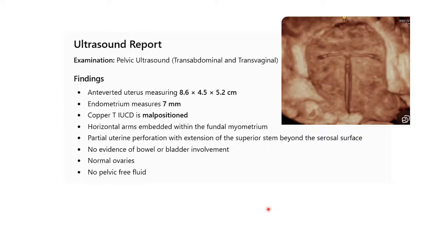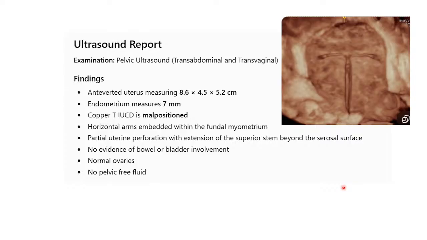So this is the best way of summarizing everything on transvaginal. You can see the position there. As I said earlier, the IUCD is perforating the myometrium and is also approaching the serosal surface of the uterus. So that's how you write a very simple and straightforward report. Anteverted uterus measuring 8.6 by 4.5 by 5.2 centimeters.